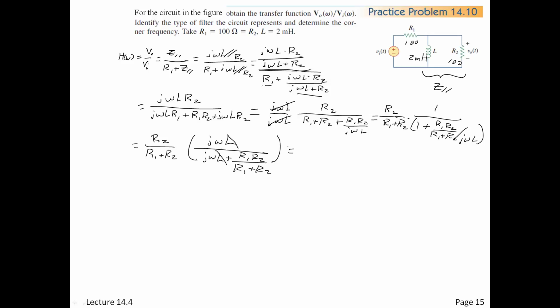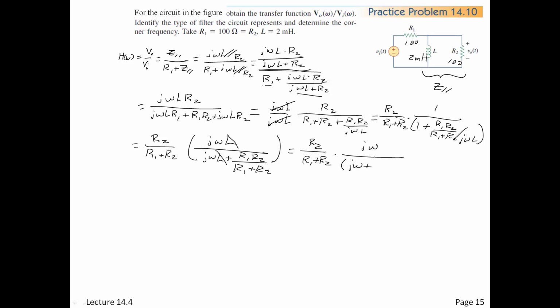And now list this as R2 over R1 plus R2, times j omega, over, I've got now j omega plus R1. Did I lose something here?